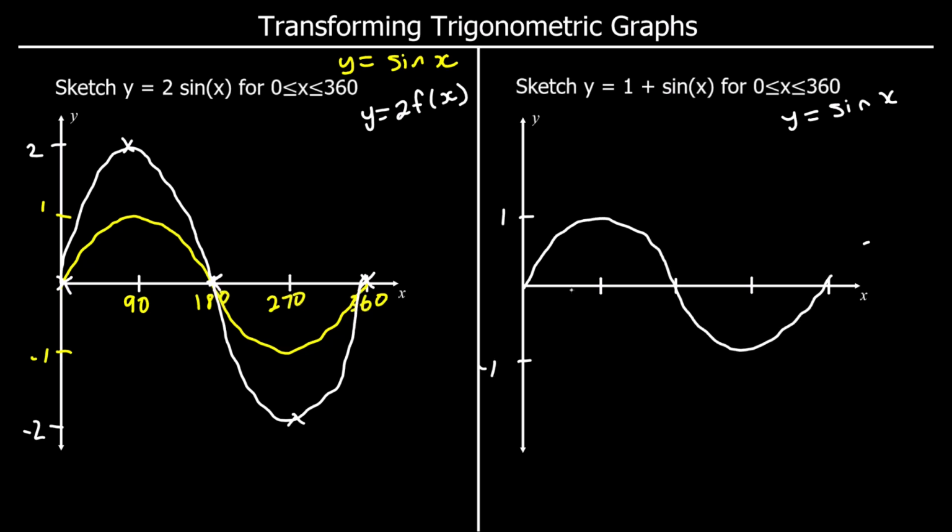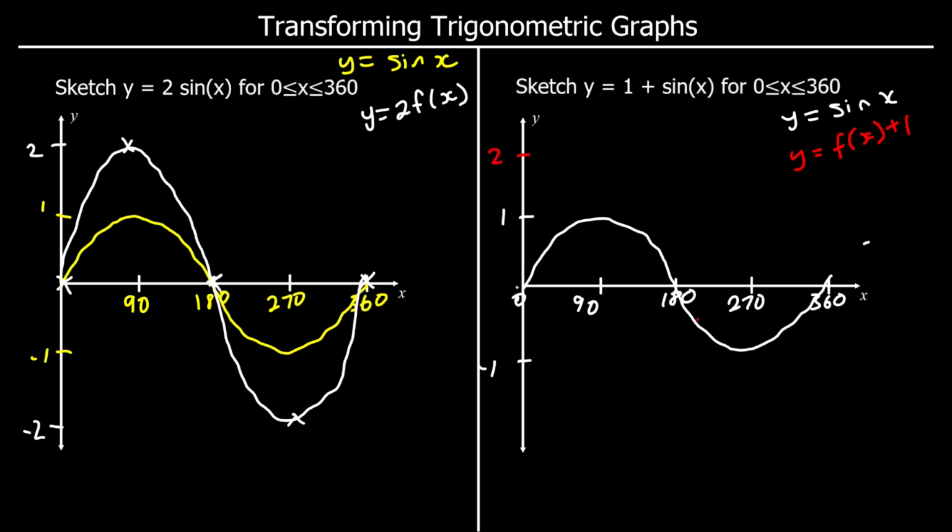So 1, negative 1, and that's 0, 90, 180 at 0, 270 at negative 1, 360 back to 0. So it's 1 plus our graph. That's the same as y equals f of x plus 1. We're adding 1 onto all the y values. So it's a shift up 1.